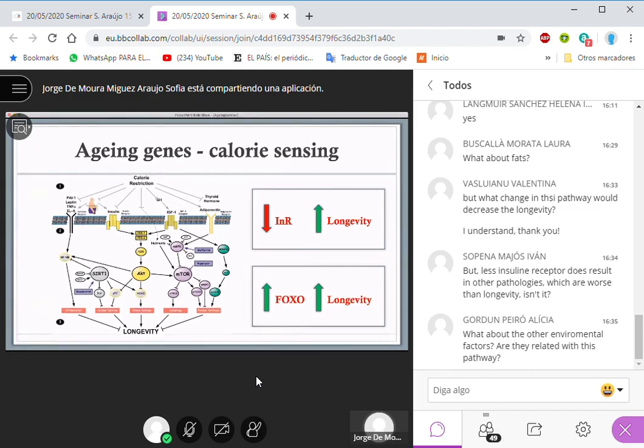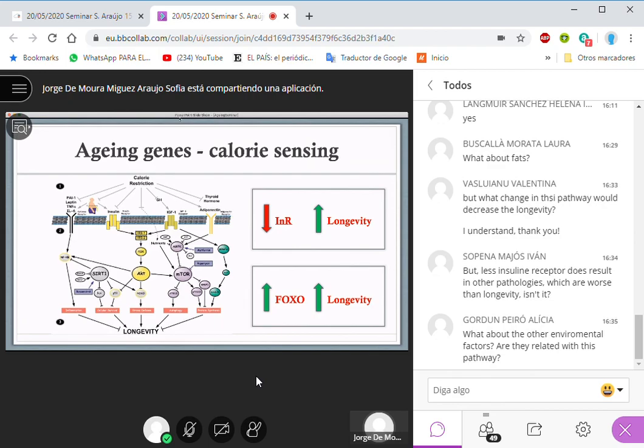And also, I don't want you to think that, and we will get into that in a few minutes, aging is only caloric restriction or DNA repair. There's a lot more to it as well. Okay, so this is only an example, and this is a very nice and elegant and historic and good example, especially for you that you're biomedical students, of touching something genetically and being able to increase the lifespan of an organism.